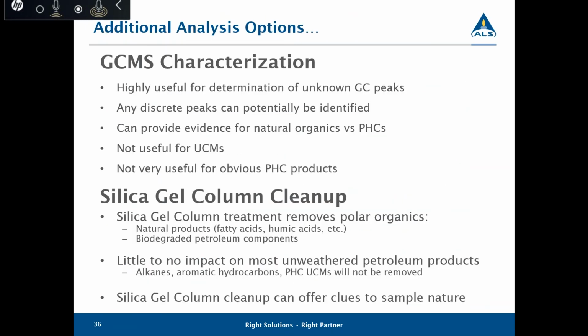There are also other additional options for the analysis. If there are unknown GC peaks, we can use the GCMS characterization, which will search against a mass spectral library of almost 700,000 compounds, and so the common chemicals can often be easily identified. Something to remember is that the ID is not conclusive unless it's confirmed with a reference standard.